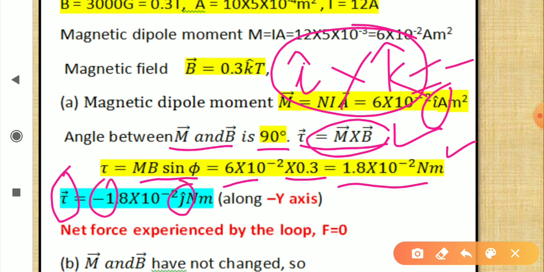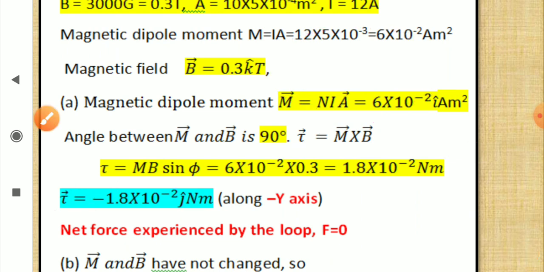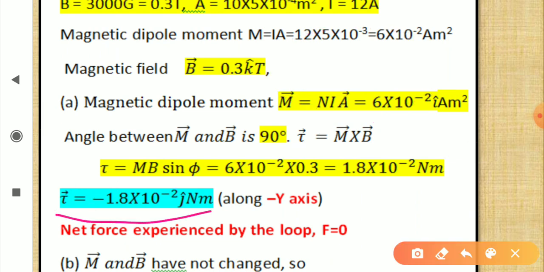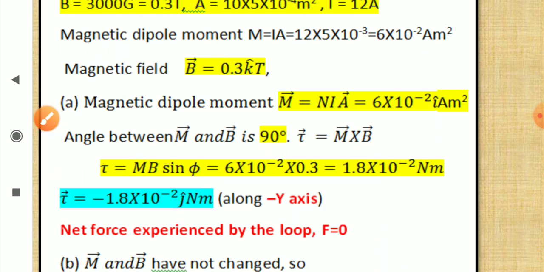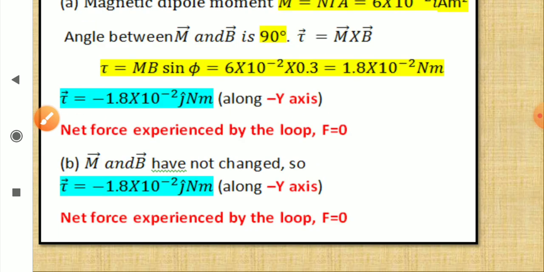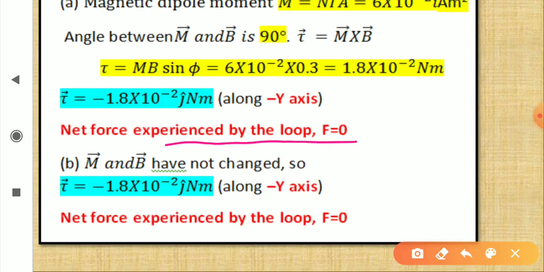This is equal to minus j cap, class 11th vector product, right? So that means the torque is given by minus the magnitude 1.8 into 10 to the power minus 2 j cap Newton meter, and since it is minus j cap, it is along the minus y-axis. So these directions should be very clear to you. And the net force on the loop is 0.